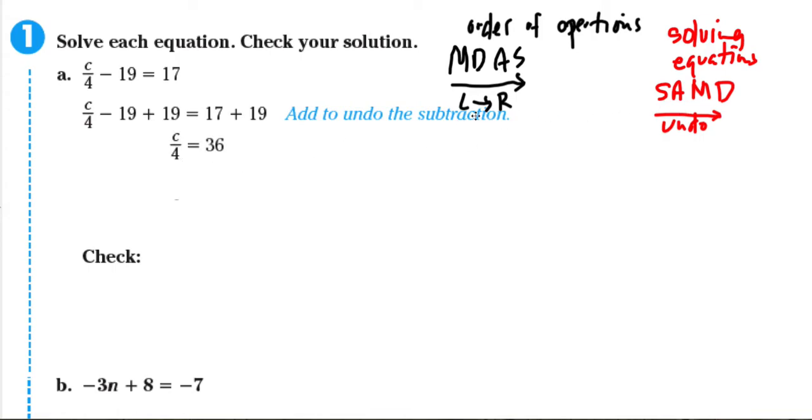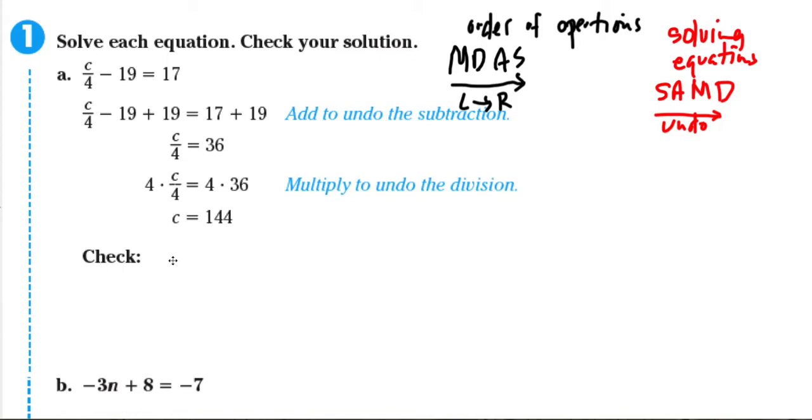So we undid subtraction first, and then C over 4 is a division operation, so we undo 4 by using the inverse operation. The inverse operation of division is multiplication. So we multiply both sides by 4. Multiplying both sides by 4 cancels out 4, and you'll end up with C equals 144.